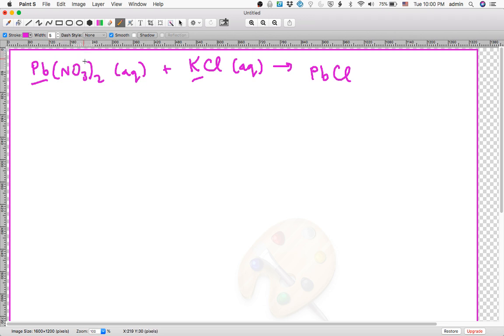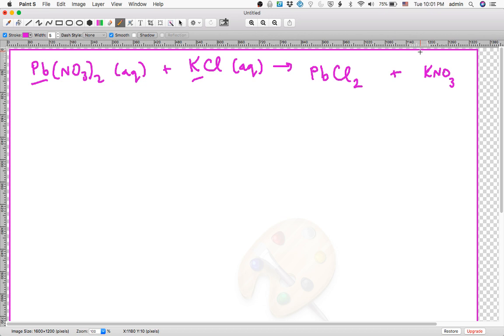Nitrate is 1-, there are 2 of them, so the negative side is 2-, that means this must be 2+. Chloride is 1-, so we need 2 of these because Pb is 2+. And the other product is potassium nitrate. So these are the products, but is this going to happen?